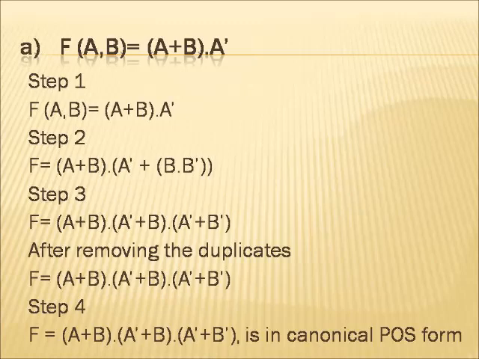So after removing, we are getting the expression in its canonical POS form. So in step 4 you can see that f = (a + b)·(a bar + b)·(a bar + b bar). So three sum terms are there. In all the sum terms all the Boolean variables are there. So it is in the canonical form.